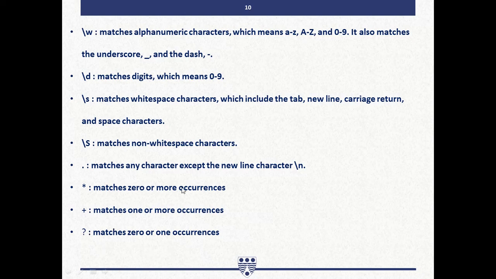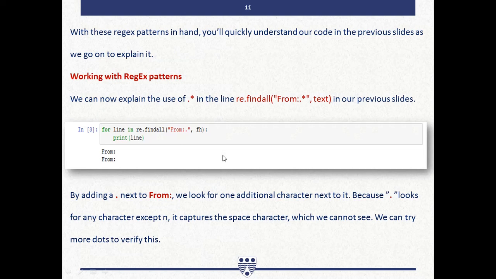So all these are very important, but regular expression patterns are not limited to this. There are hundreds of them. Okay, so you can feel free to check them out, but these are the most important ones. All right, now let's look at how to work with these regular expression patterns.